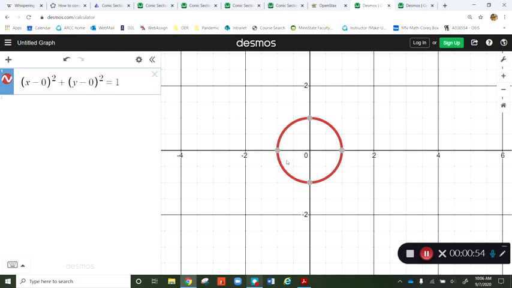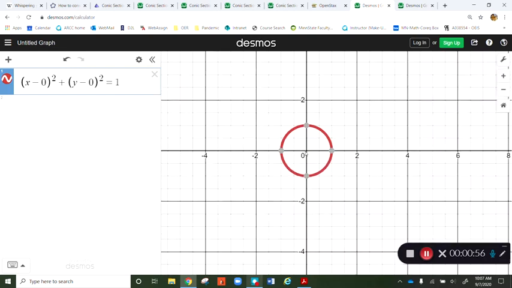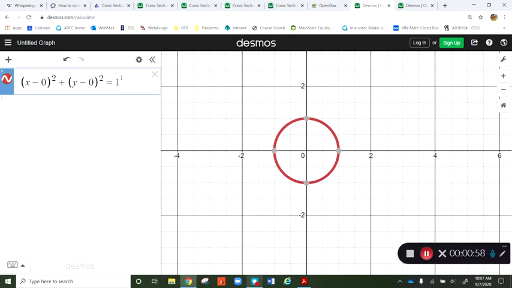Since those are both 0, this circle is centered at the origin. The other number I have over on the right side here is r squared, which is 1 in this case. So the square root of 1 is 1. That means this is a circle of radius 1. This is the simplest possible circle you could think of. It's a circle of radius 1 whose center is at the origin, and this is called the unit circle.